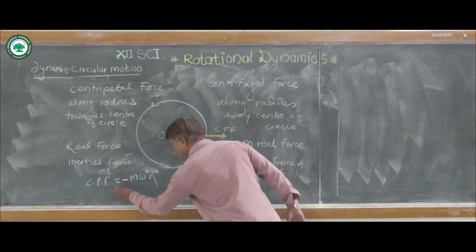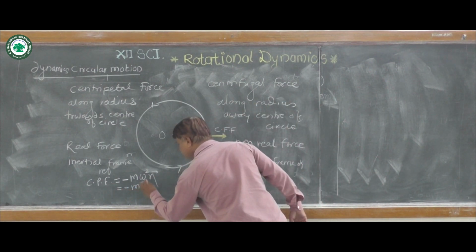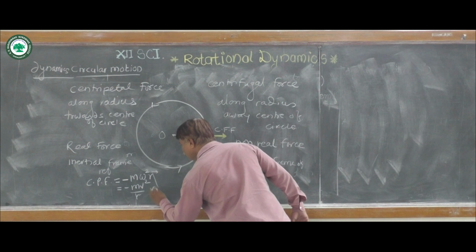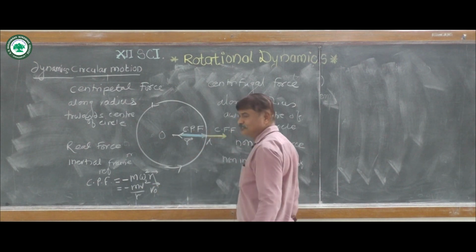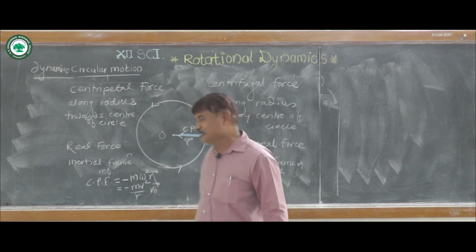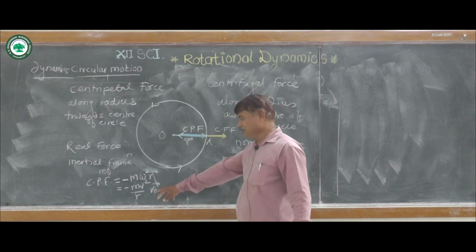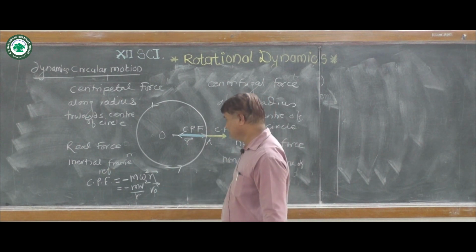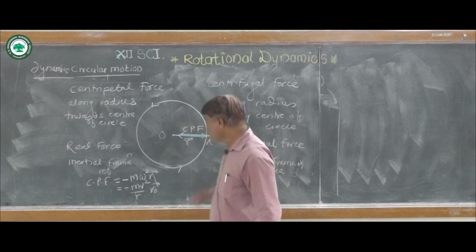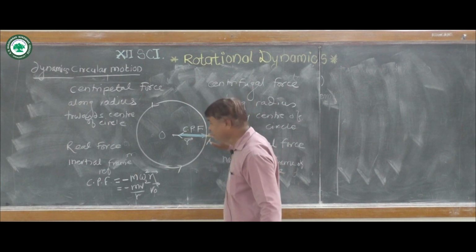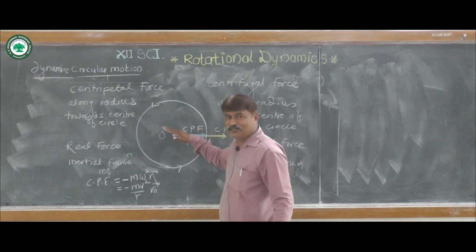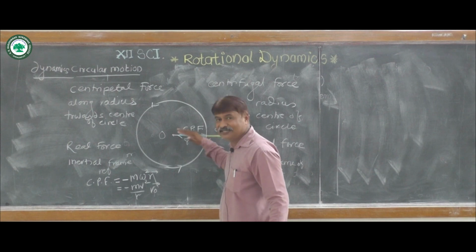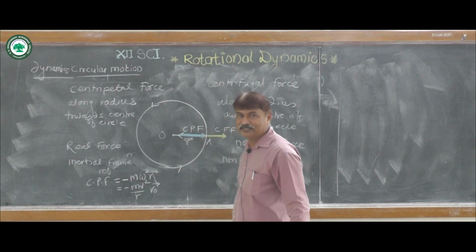Also, it is equal to minus m v square upon r into r0 bar. r0 bar is the unit vector along the radius vector. There is a negative sign because the centripetal force acts along the radius directed toward the center.